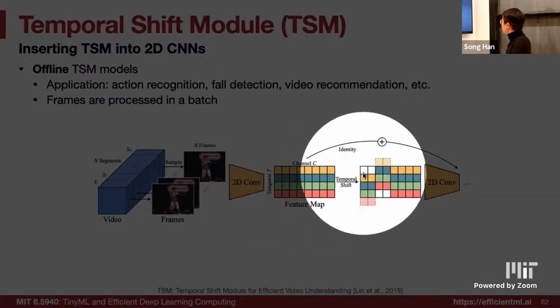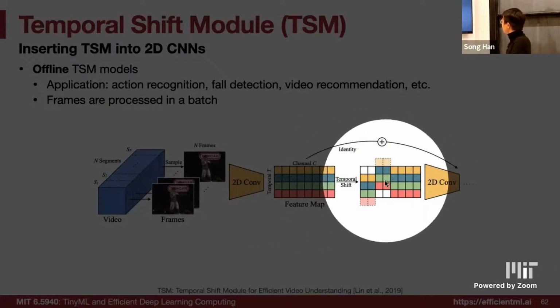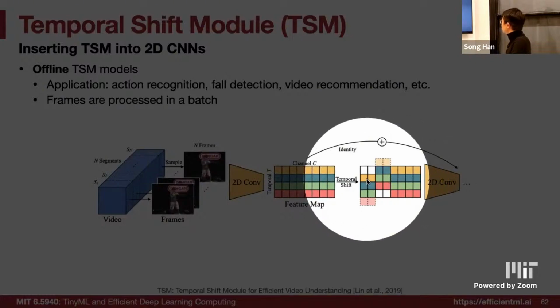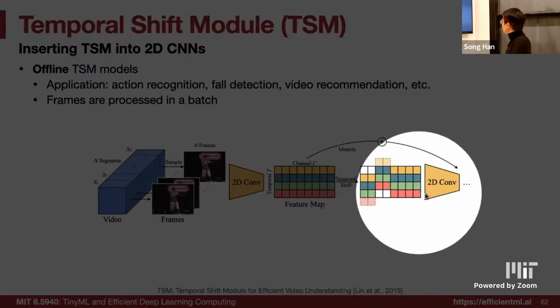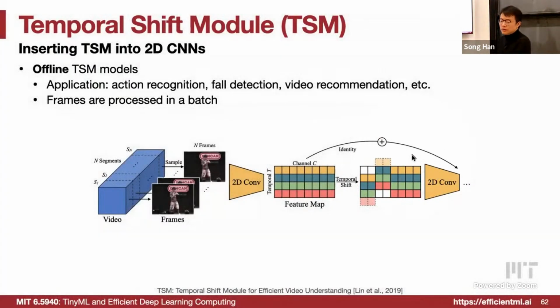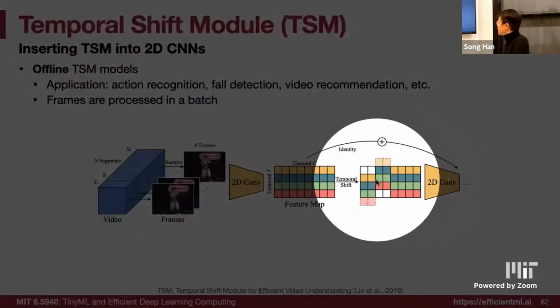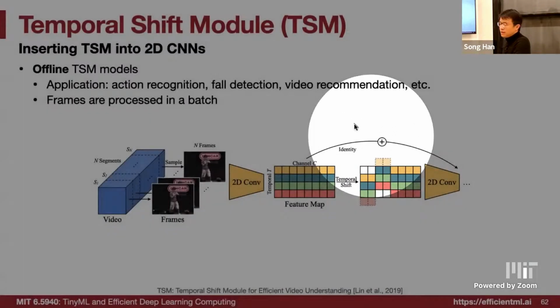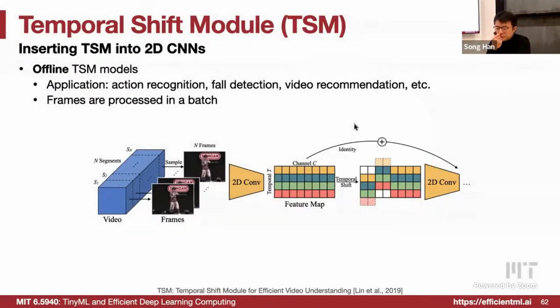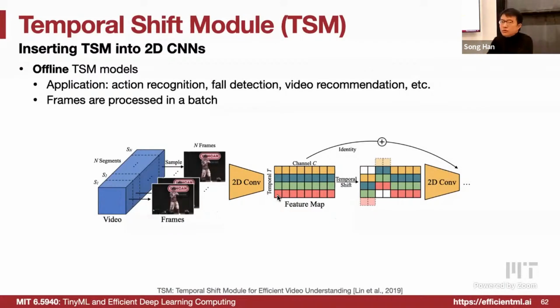Then you perform this shift operation so that at each timestamp, you also have the future frames' information and the previous frames' information. And you pass it to the next layer, and you have an identity layer to compensate for the information. The identity layer is actually quite crucial, because the first four channels in this case are lost. Current information is lost. That's compensated by this bypass layer. So that's offline, where you'll have access to both the past time frame and also the future time frame.